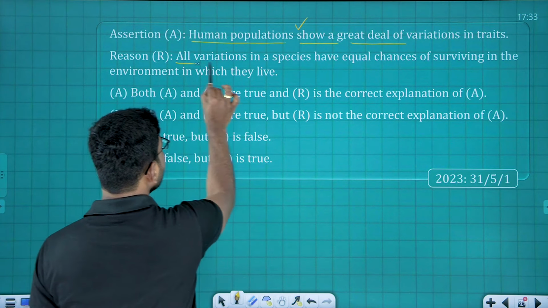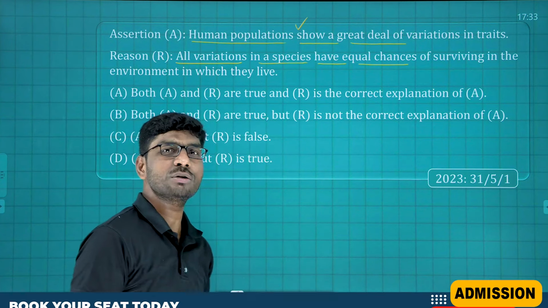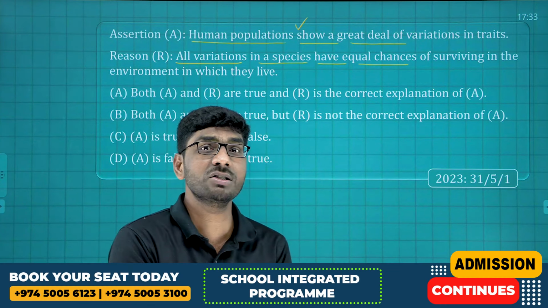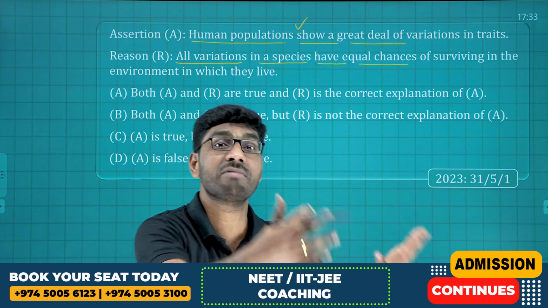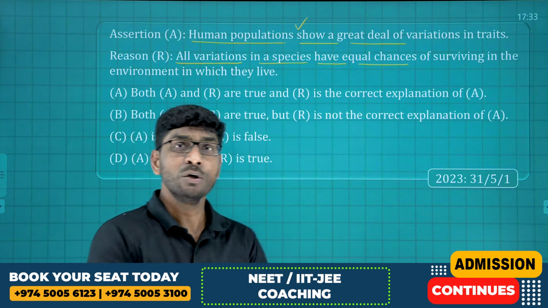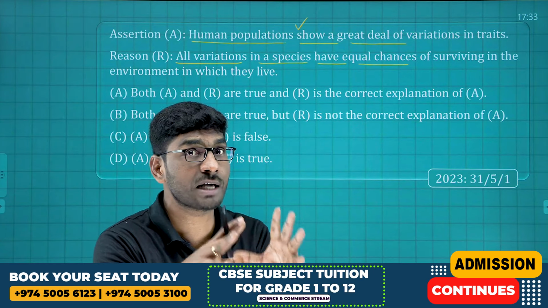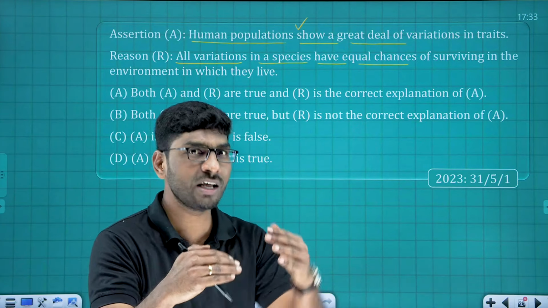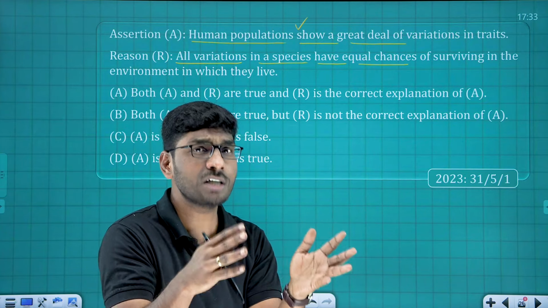Next, all variation in a species have an equal chance. No, it is not an equal chance. Few variations can make that particular organism, particular species better survive. Few variations can cause a dangerous effect like cancers. So all variations are not equal for what? Tell me, survival chance. Remember, few variations are for better survival, few variations can cause harm.